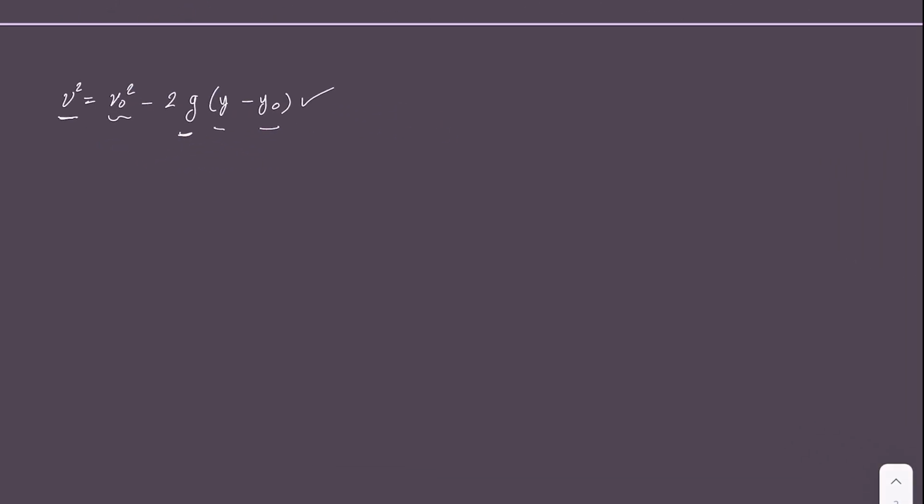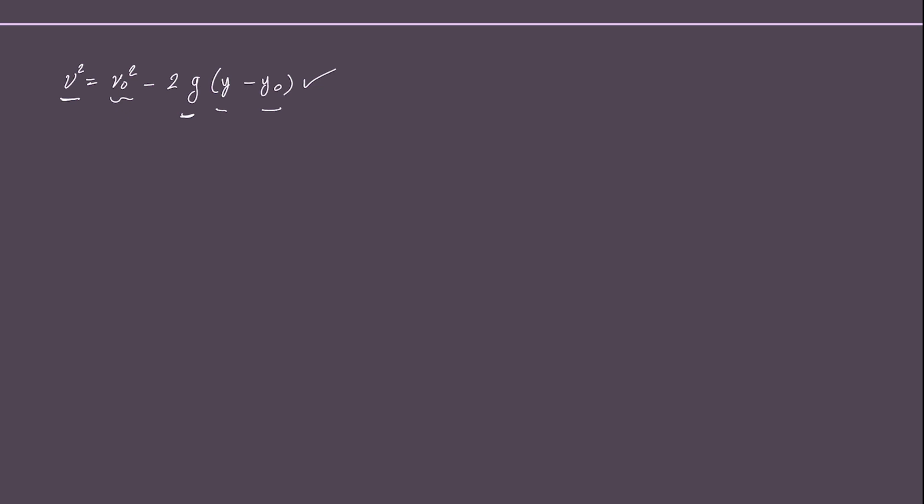So we've got this equation, and here v squared will be equal to v naught squared, that is minus 10 squared, minus 2 times 9.81 times the y value, which is minus 5, minus y naught, which is 0.